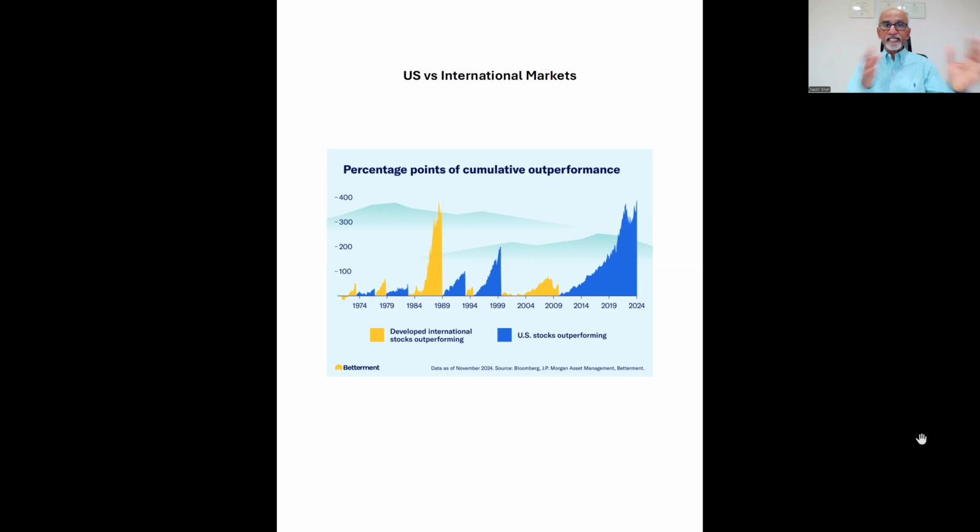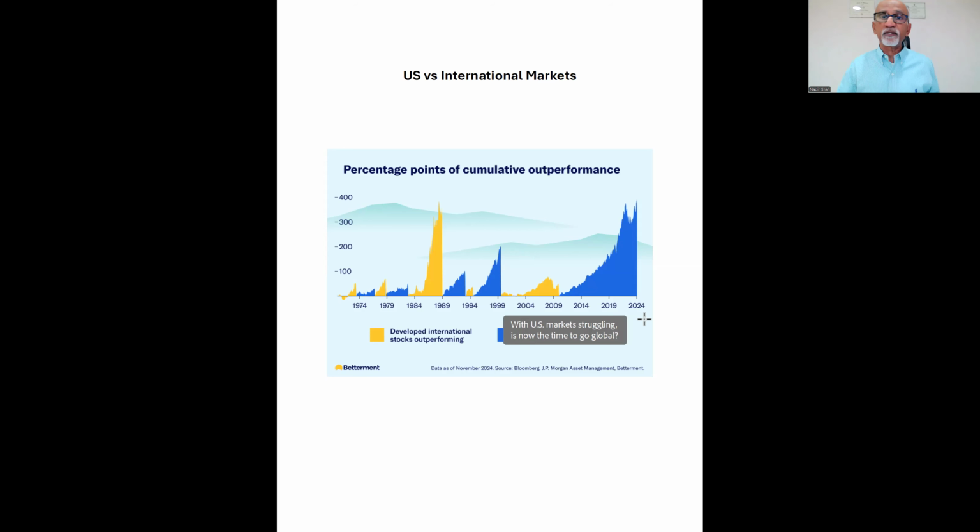When this cyclical rotation takes place, if one style or one market is in favor, it creates an opportunity, or the other areas trade at a discount. So if US stocks have been doing phenomenally well for the last 10 to 15 years, it means it's creating opportunity for the international markets. Maybe they are selling at a discount, or they are on sale.